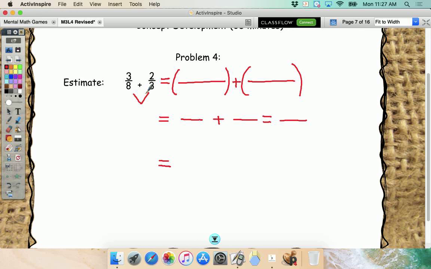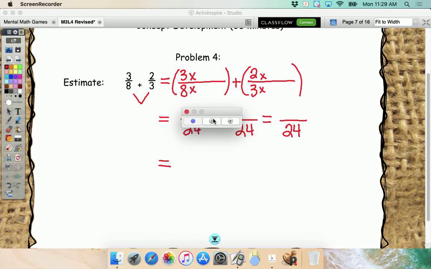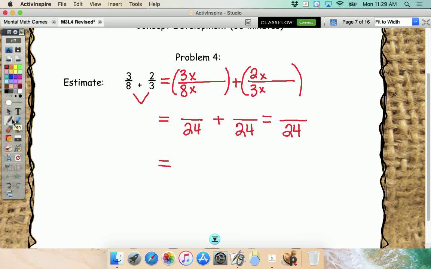Table 5, what's my common denominator? How'd you get that? 8 times 3. So let's take a look at this one, okay? Whose turn is it? Table 3?